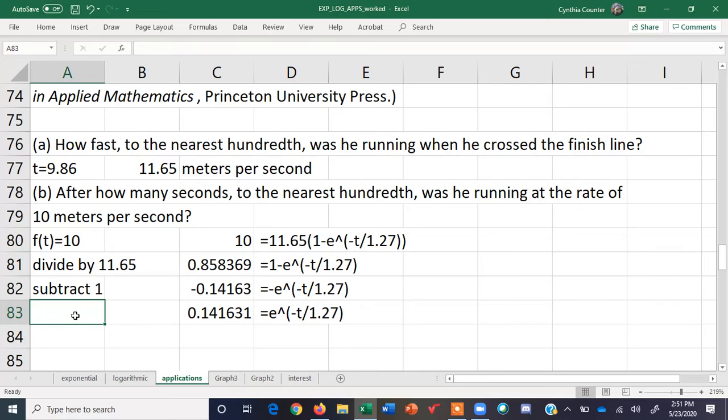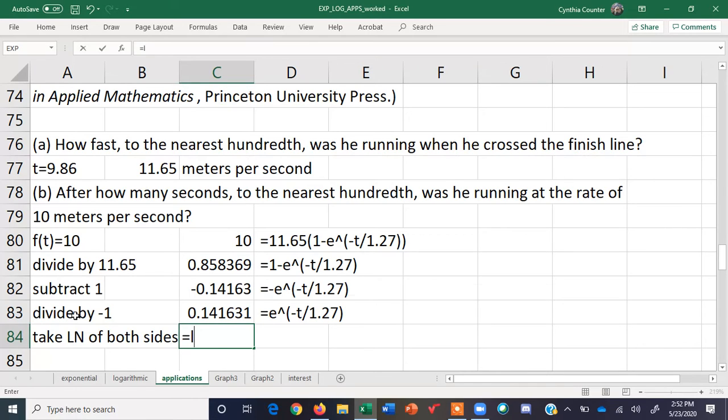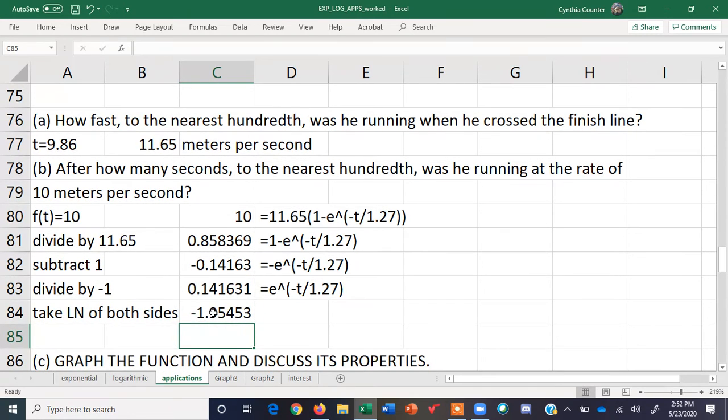So what I did to get here was I divided by a negative 1. And now I'm going to take the natural log of both sides. So equals ln, and here it is, I'll double click, want the natural log of this, equals.